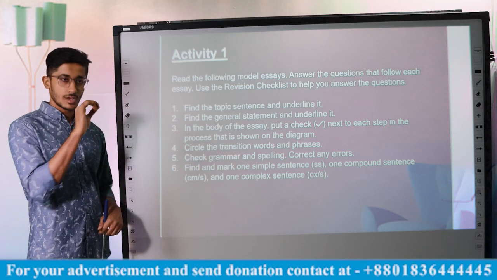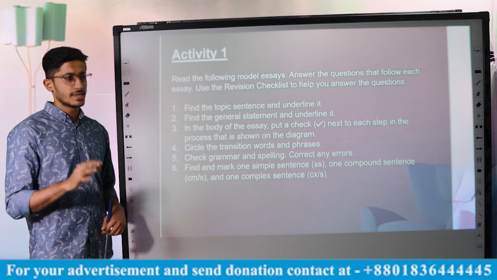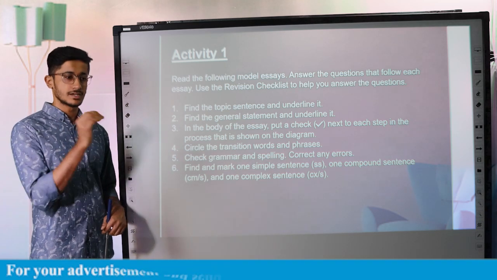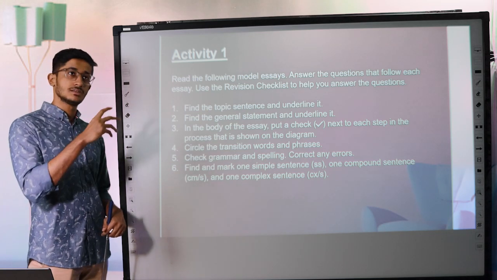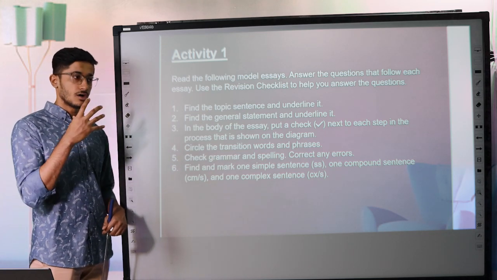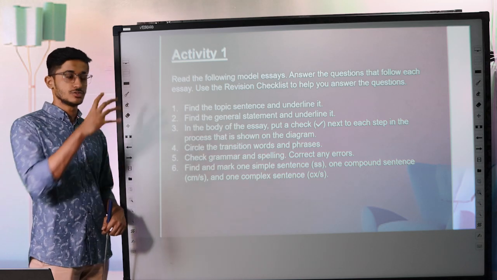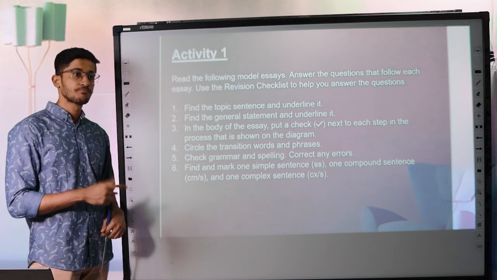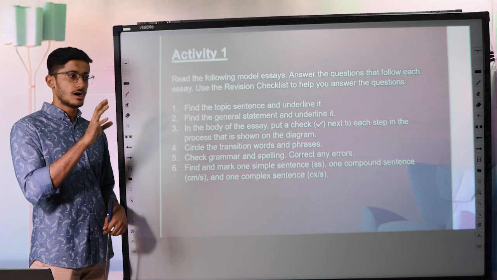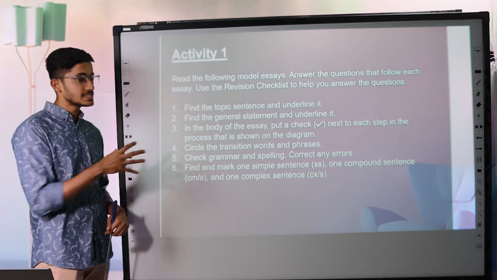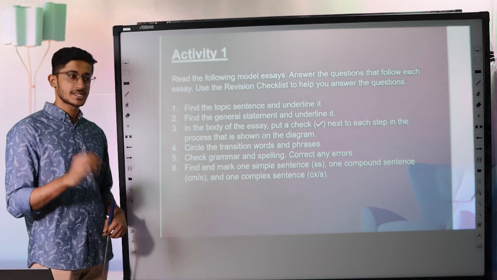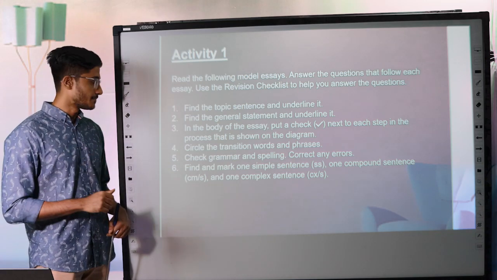So we want you guys to read the body, and then for each of the steps that the essay mentions, you just put a tick, and you make sure that all the steps have been mentioned. So you go back to the process diagram, you check if, for example, there are 6 steps, and you go and read the essay and see whether all of the 6 steps have been mentioned accurately.